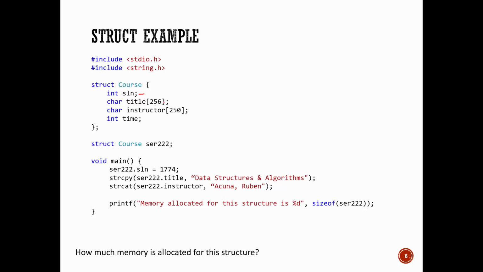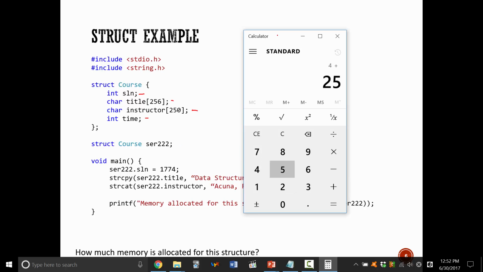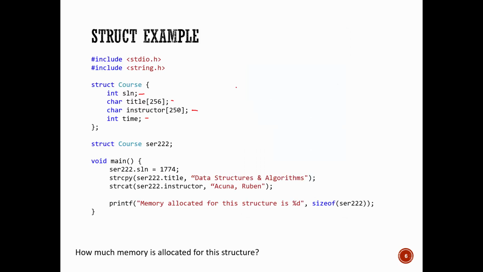Each char is a byte, so that's going to be 256 over here. Instructor is 250, again one char per byte. An int over here is going to be 4 bytes. So let's add that up: 4 plus 256 plus 250 plus 4. So 514 is what we would hope to get from that.